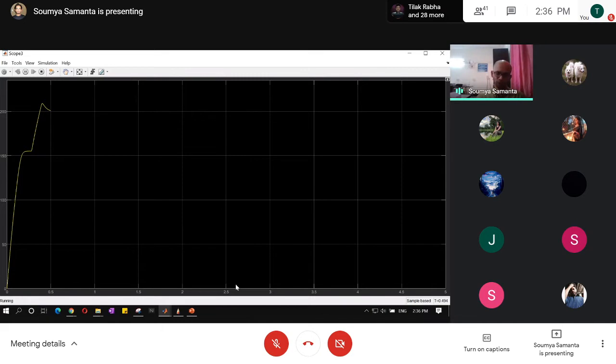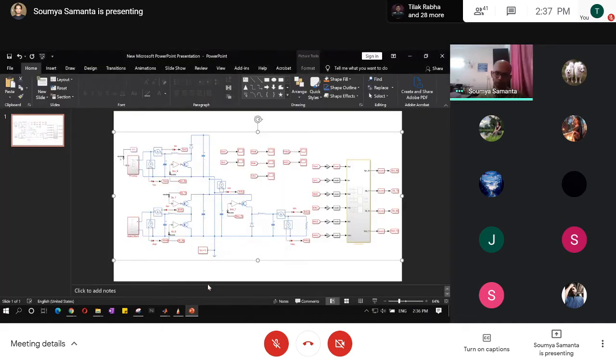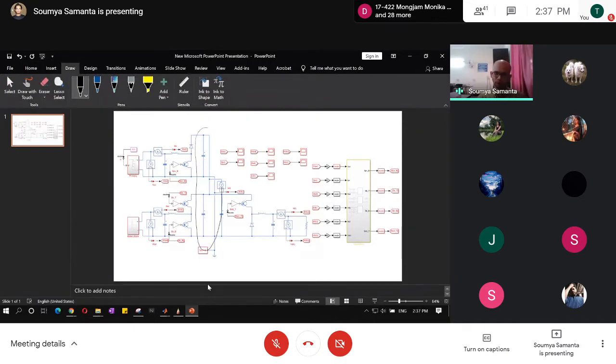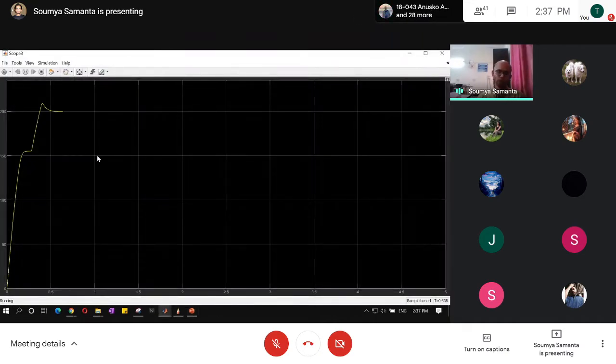This is the voltage of which point? This is the voltage of the common point. I am showing the common point voltage now. I have fixed it at 200; you can fix it at 300 or 250 also. It will not be much of a problem. Now it is fixed, and it will maintain this voltage.